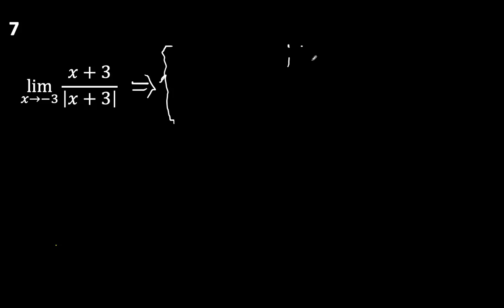If x is greater than or equal to negative 3, what's happening to the graph? It becomes positive, right? So this is always positive. x plus 3 can never be 0, because it becomes undefined.